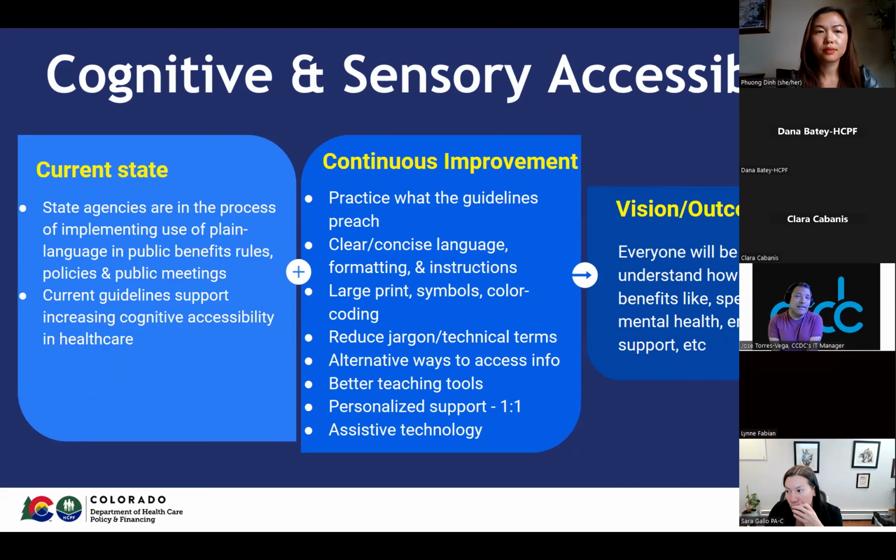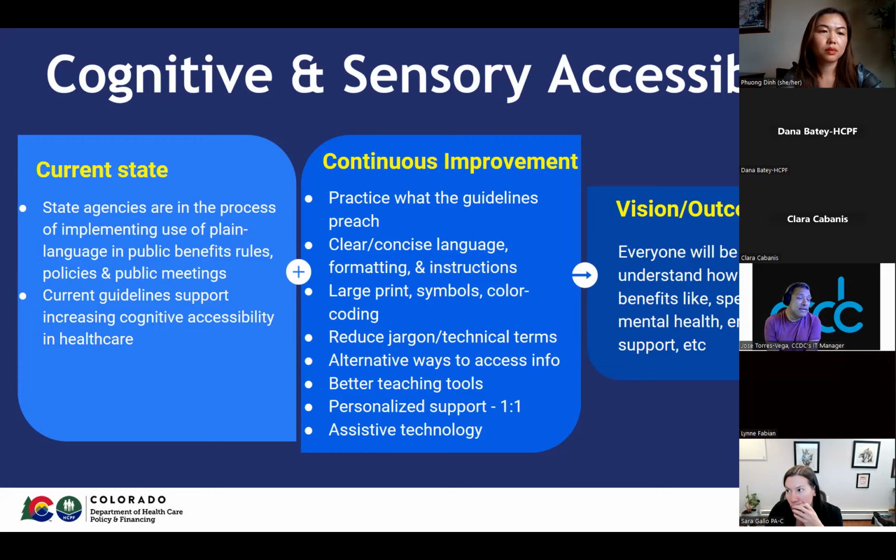Cognitive and sensory accessibility. This is often missed by agencies, by providers, by corporations, etc. Right now, state agencies are in the process of implementing use of plain language, right? So as we mentioned before, in communication, it also applies, of course it applies in cognitive and sensory accessibility.